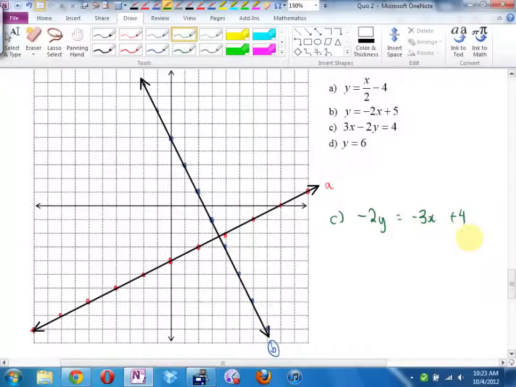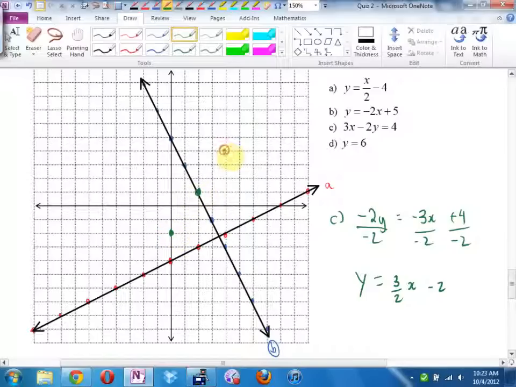What's the negative 2 doing to the y? Adding, subtracting, multiplying, or dividing? So how will I move it over? I'm going to divide everything by negative 2. When I do that, I'll get y equals, a negative divided by a negative is a positive, and positive 4 divided by negative 2 is negative 2. I'm going to get a y-intercept of negative 2 and a slope of up 3 over 2.